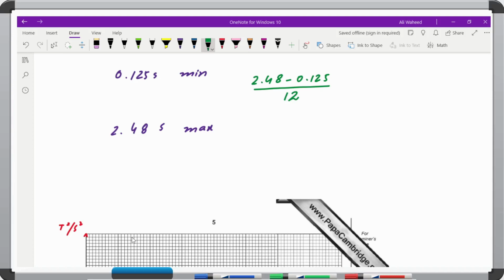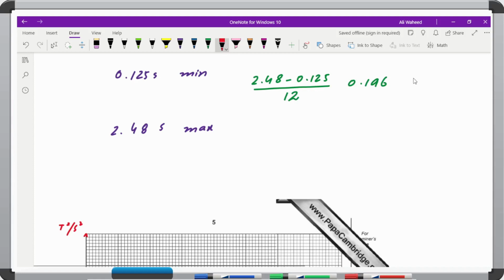This whole thing divided by 12 gives 0.196. This would be the scale if we have to use 100% of the axis.